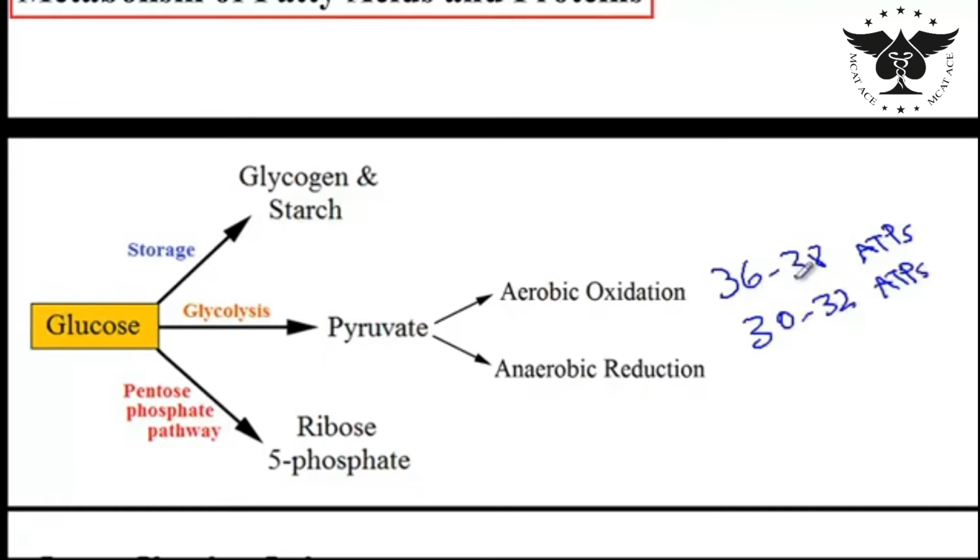The top one is assuming NADH gives 3 ATPs and every FADH2 gives 2 ATP. The lower one is assuming 2.5 ATP per NADH molecule and 1.5 per FADH2 molecule. That's going through aerobic respiration. Under anaerobic conditions, however, there would be only 2 ATP produced throughout glycolysis.